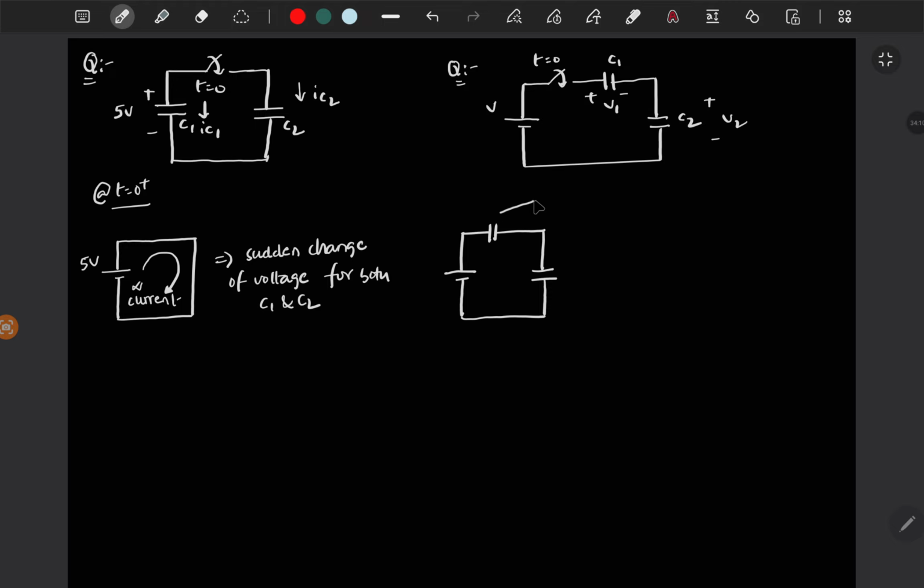So this is lower impedance, and C1 C2. So actually the capacitor C1 should be across these two terminals completely. This is VC1 and this is VC2.